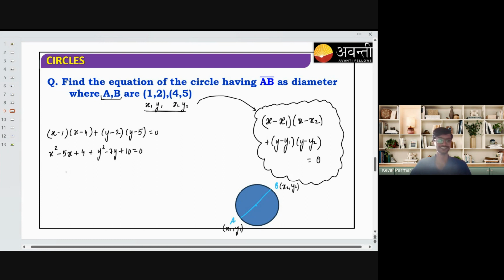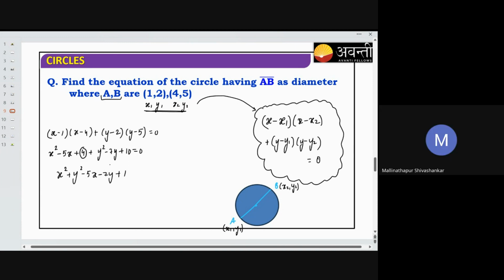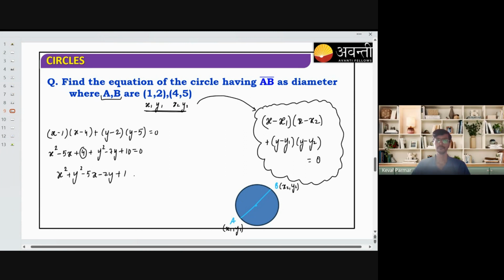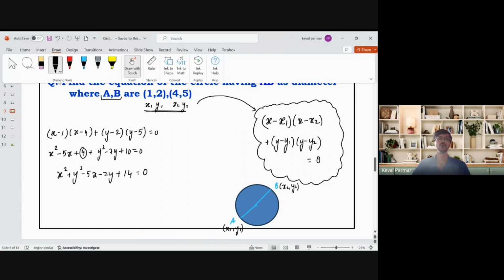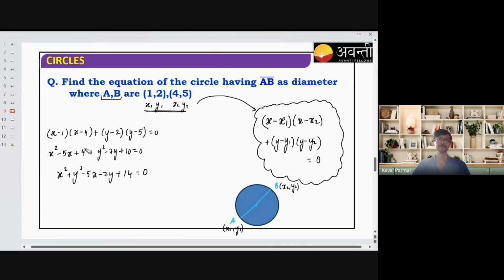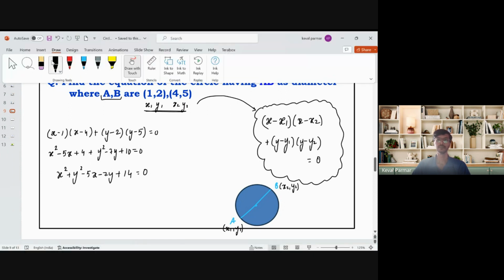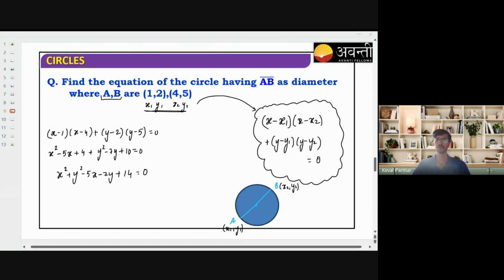Small mistake, silly mistake. So I'll get x square plus y square minus 5x minus 7y plus 14 equals to 0. How 14? 4 plus 10, so here it will be plus 14. No issues. Next time, please make sure.